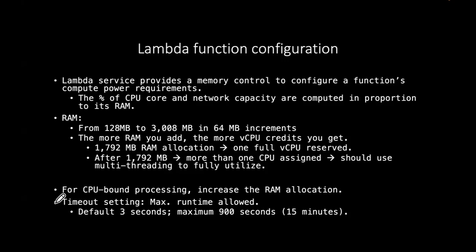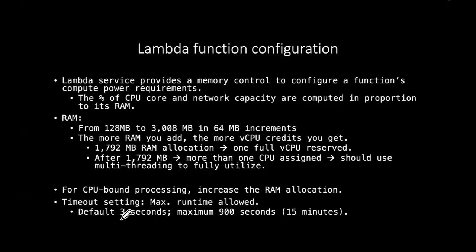Equally, we're not going to be looking at that aspect of Lambda function generation, but it is an important configuration setting. The default is 3 seconds, and in most of our cases we won't need more than 3 seconds to complete processing.